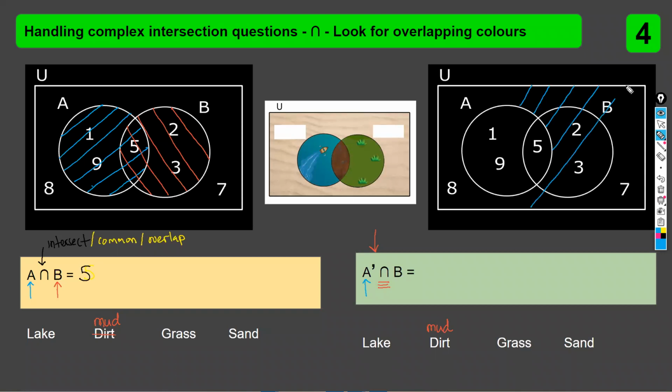So I am just shading everything outside A. Nothing is allowed to go inside that A circle. You notice nothing inside this A circle has been touched, but everybody else got shaded in blue. So I have just shaded who is not A. Everyone do that for me and wait.